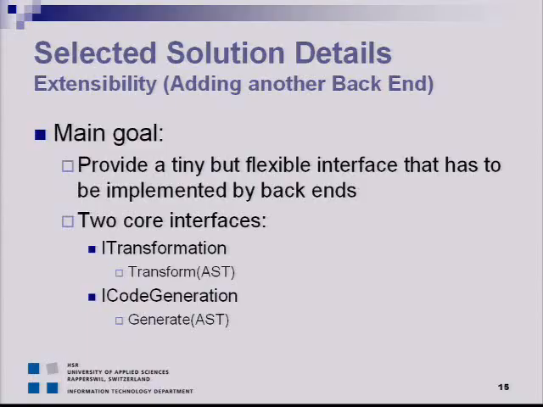It is possible to add another backend. To write another backend, two interfaces have to be implemented. This is ITransformation and ICodeGeneration. So the API for the backend should be as simple as possible.